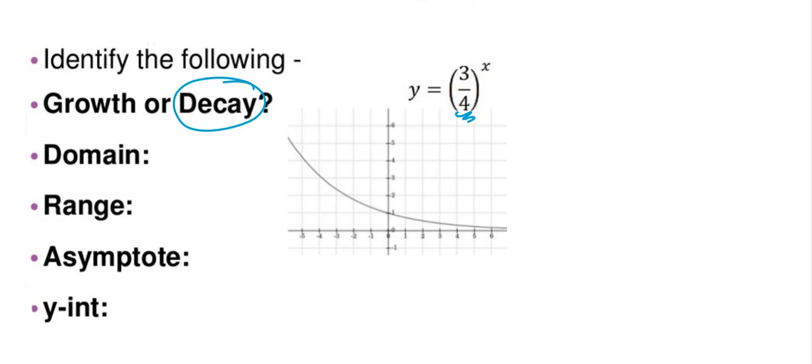And then the domain is again all real numbers, negative infinity to positive infinity. The range is 0 to positive infinity. And the asymptote is going to be the x-axis.